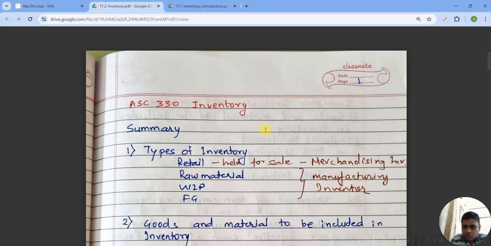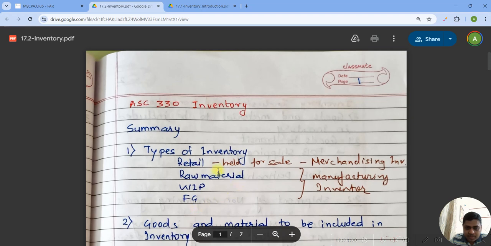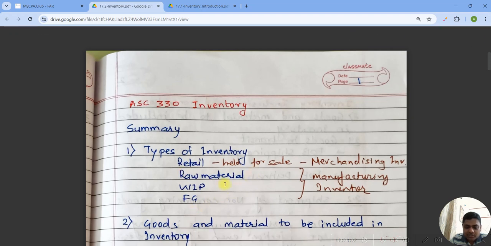The first part deals with the types of inventory. Inventory can be retail inventory, which is held for sale in a trading business, also called merchandising inventory. In manufacturing companies, you have raw material, work in progress, and finished goods.